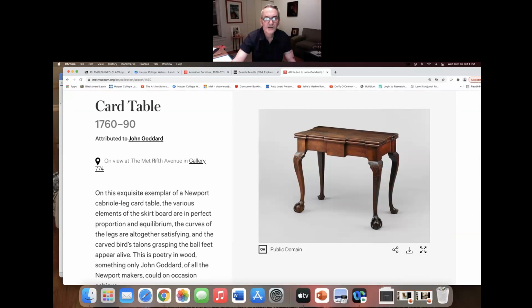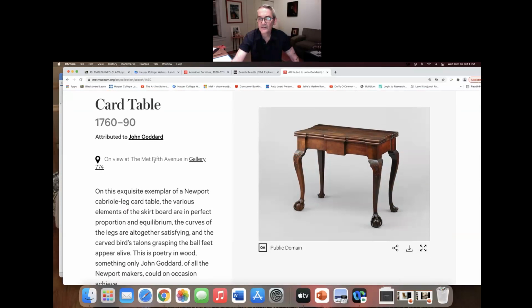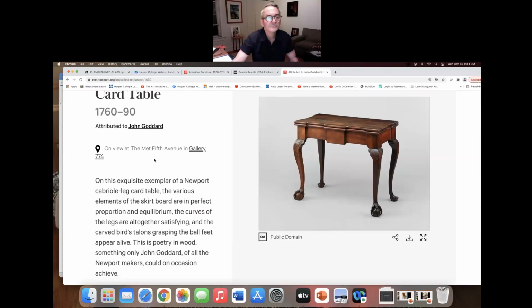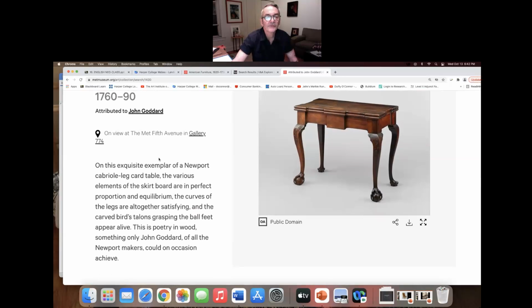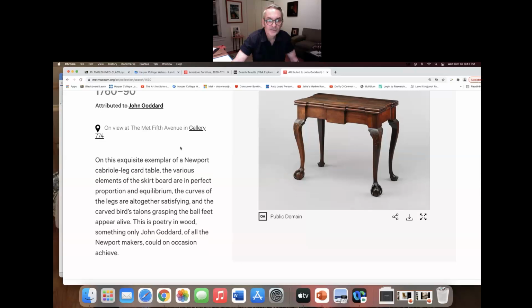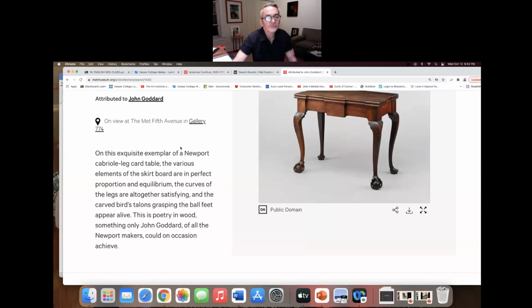So here, card table. Card tables were a thing in the colonies. This exquisite example is an example of a Newport cabriole leg card table. Various elements of the scroll board are perfect proportion of equilibrium, curves of legs.